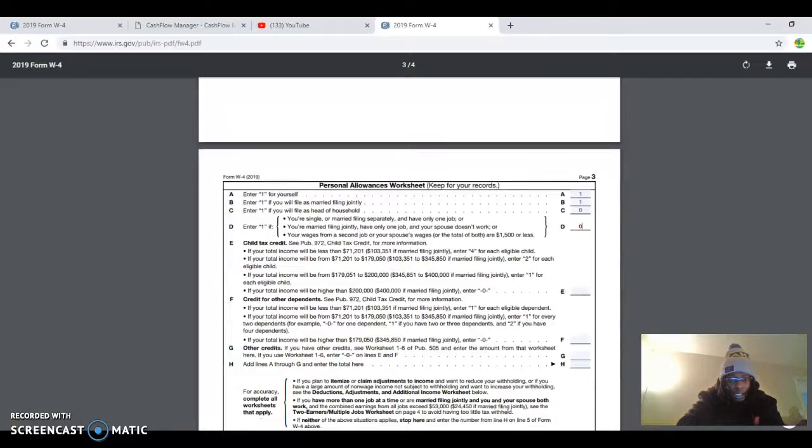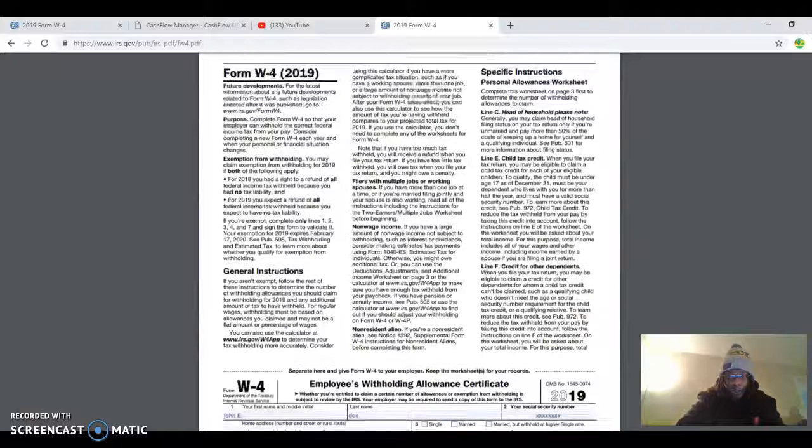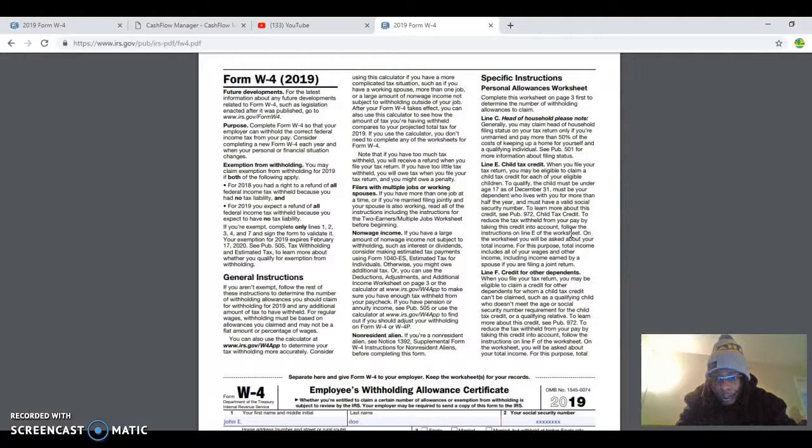Then the next one is child tax credit. Let's scroll up to the top real quick just so you know if you don't know what that is. See line E, child tax credit. When you're filing your tax return, you may be eligible to claim a child tax credit for each of your eligible children. To qualify, a child must be under the age of 17 as of December 31st, must be your dependent who lives with you for more than half a year, and must have a valid social security number.